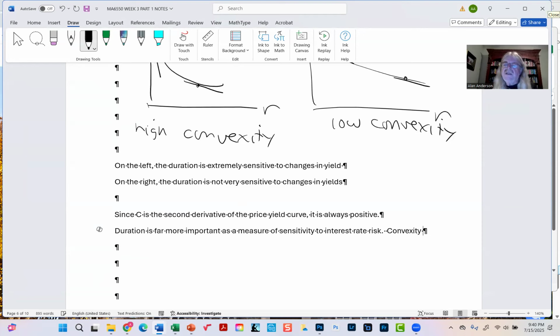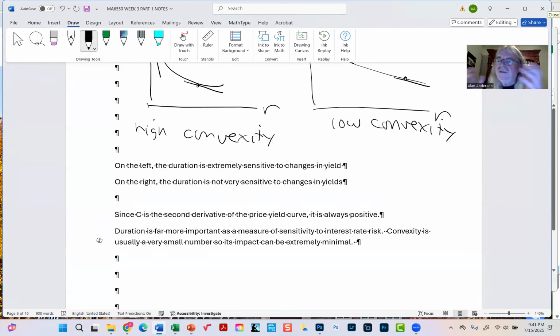Convexity is usually a very small number, not always. So its impact can be extremely minimal. In fact, in some cases, it's so small that it's hardly worth bothering with, because the difference between using and not using convexity can be like a rounding error.